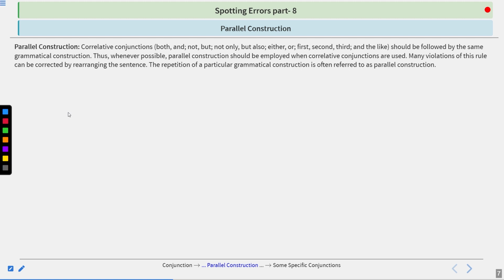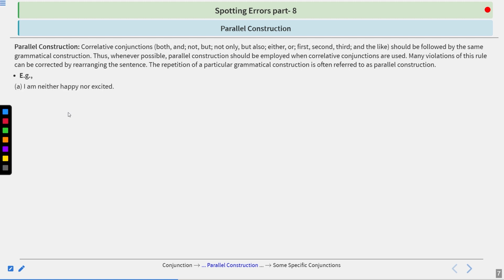Many violations of this rule can be corrected by rearranging the sentence. The repetition of a particular grammatical construction is often referred to as parallel construction. So what is this saying? This is saying that whenever you use correlative conjunctions, try to make parallel grammatical elements with these conjunctions like both and, not only but also, either or, etc.